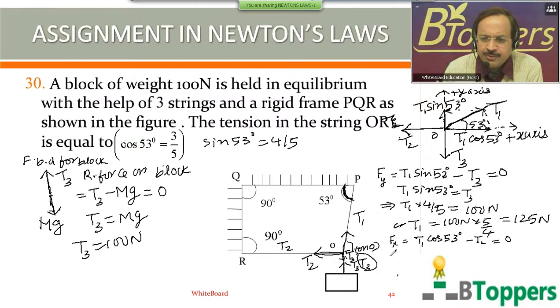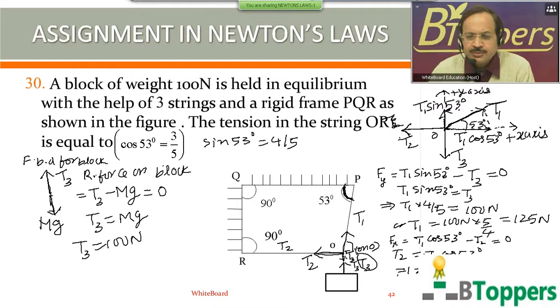For equilibrium, that should also be 0. Therefore, T2 equals T1 cos 53 degrees. Substitute T1 equal to 125 newtons and cos 53 degrees equal to 3 by 5. You can simplify it yourself and complete the problem.